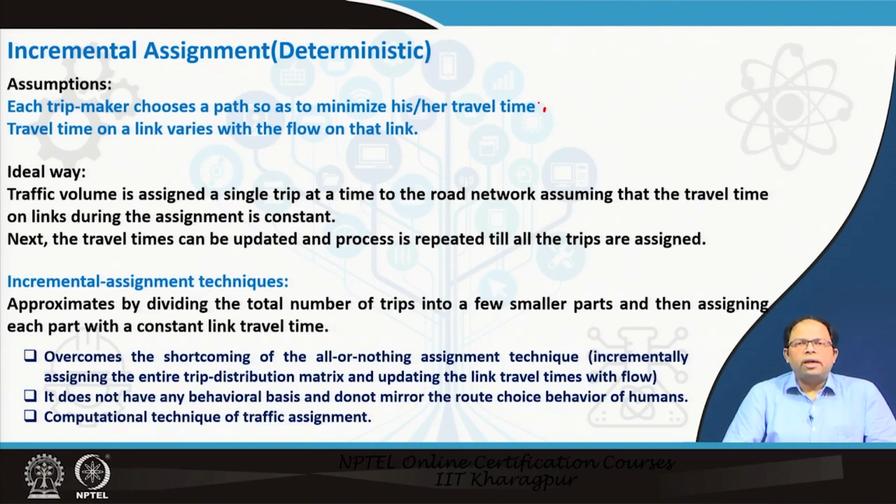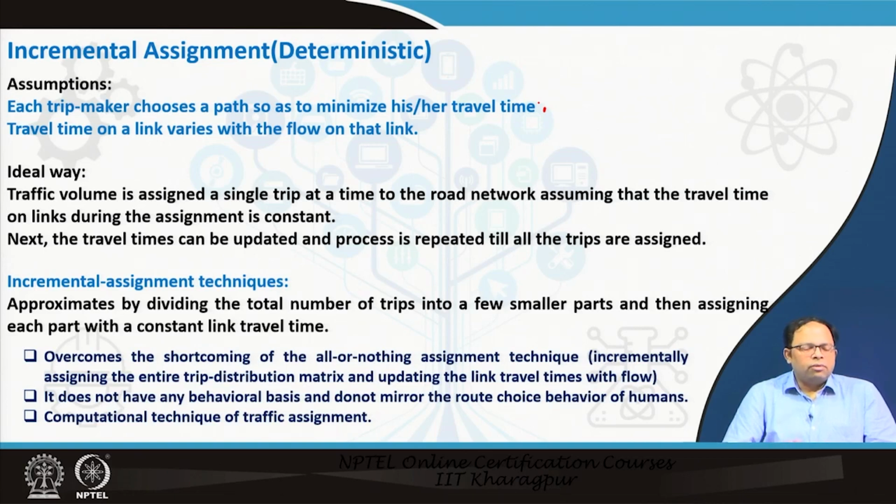So the ideal way to solve this particular problem is that the traffic volume is assigned one trip at a time on the road network, assuming that the travel time on links during that assignment process remains constant, and after that we update the travel time considering the current traffic volume in that particular link.